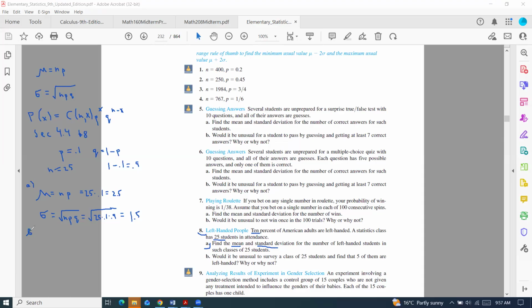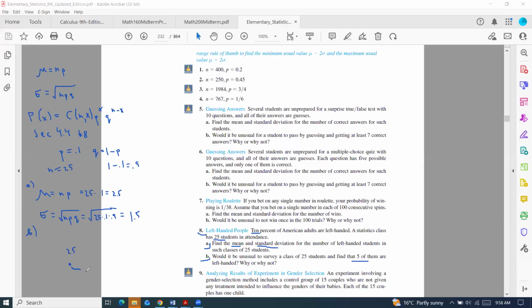Now part B in here, it says, would it be unusual to find that 5 students are left-handed? Well, let's check this out. Our mean is in the center. It is 2.5. Is that 2 or 3?